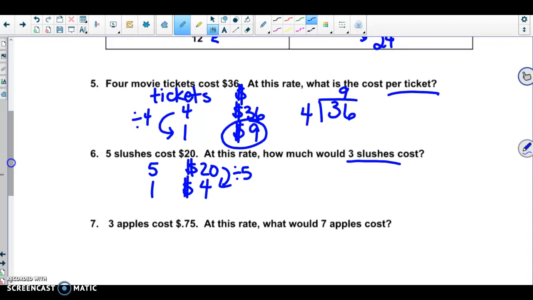So for 1 slush, it's $4. But I need to know what it is for 3 slushes. So I have 1 slush, 2 slushes, 3 slushes. So I'd have 4, 4, and 4. So basically, I just need to take 4 times 3, and I end up with 12. So if we were going to buy 3 slushes at that rate, it would cost us $12.